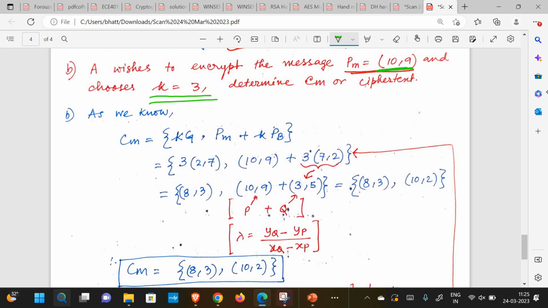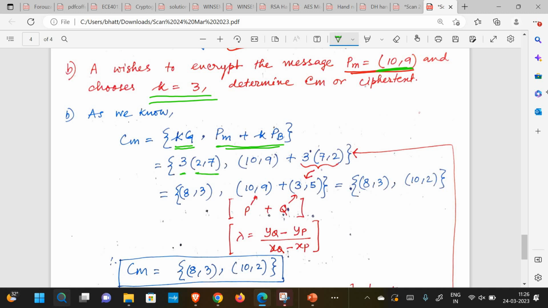The question is to determine the ciphertext. So, what is the formula for ciphertext? Small k into capital G, comma, PM plus k PB. Very simple. The only problem that you might have is the calculation. So, small k is 3. G has already been defined as 2 comma 7 in the first case itself.